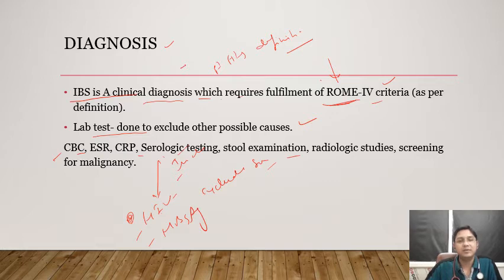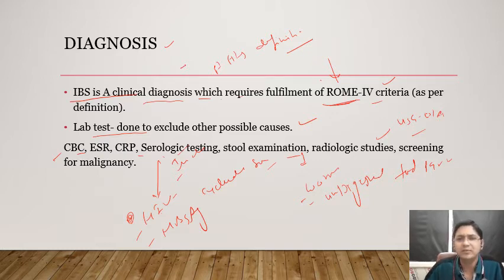We definitely go for stool examination to see if there is any worm infestation or any undigested food particles, so that must be examined. We also go for radiological studies, like USG whole abdomen. Sometimes we can find unusual things in the sonogram that we might not be thinking of. There is a saying in routine practice, when you are practicing in the OPD: first we think of common diseases, then go for the rare diseases.